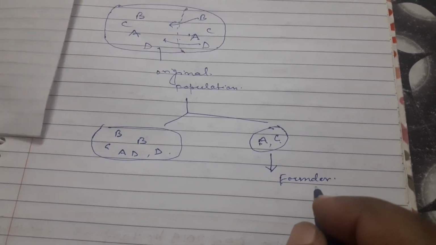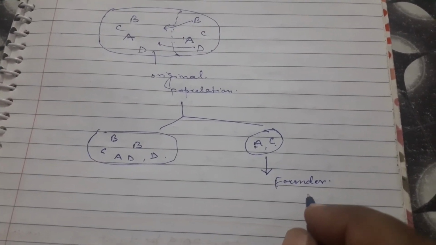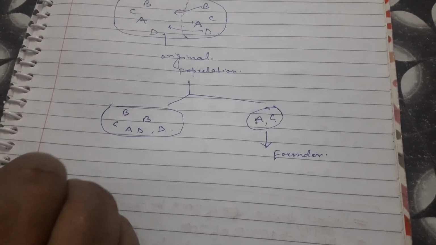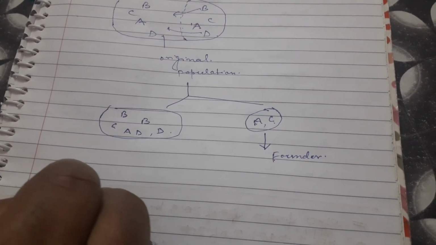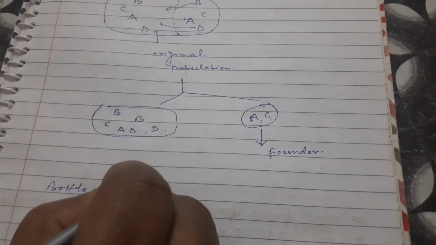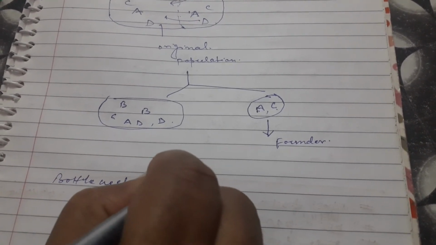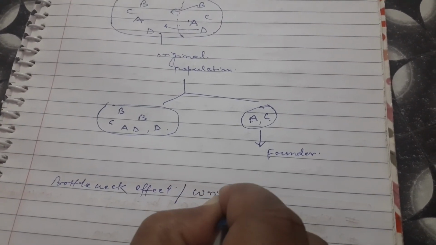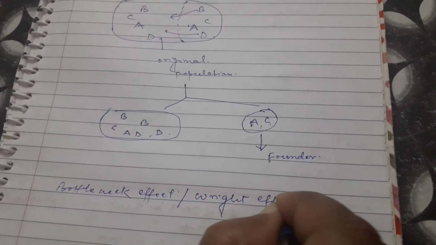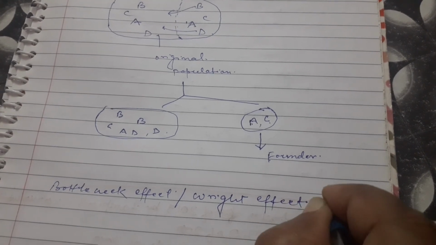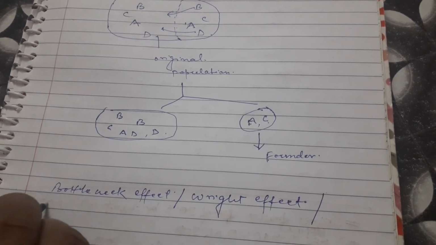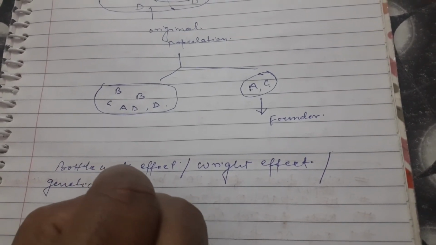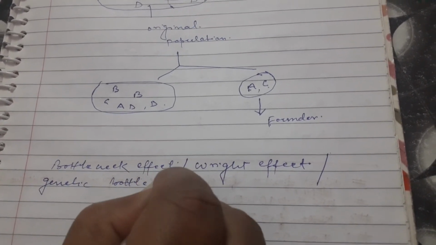And now the next one is bottleneck effect. This is also called genetic bottleneck.